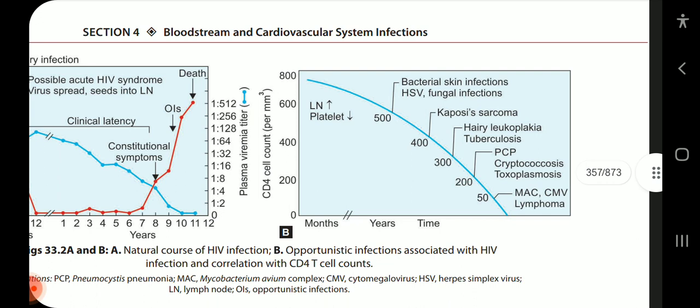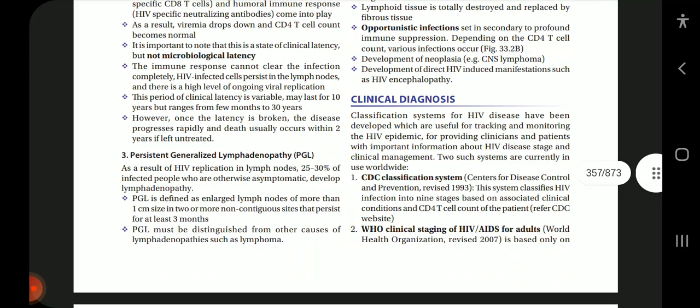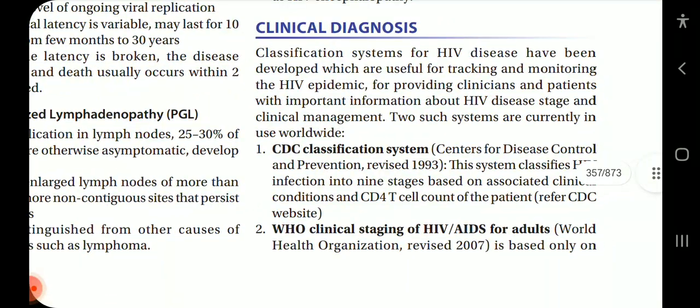Now, the second figure shows the opportunistic infections associated with HIV infection and the correlation with CD4 T cell counts, like the bacterial skin infection, HSV, fungal infection, Kaposi sarcoma, hairy leukoplakia, tuberculosis, PCP, cryptococcosis, toxoplasmosis, MAC, CMV, and lymphoma. Okay, now we start with the clinical diagnosis of HIV.